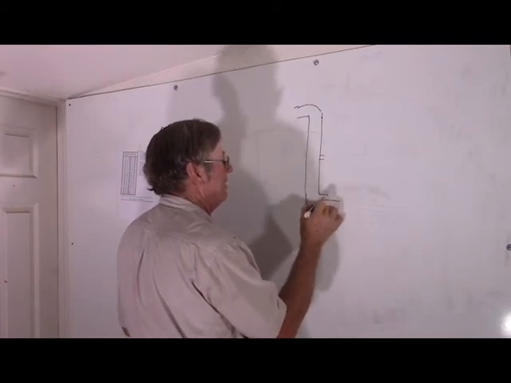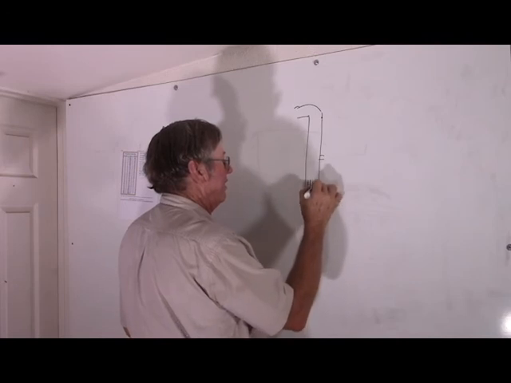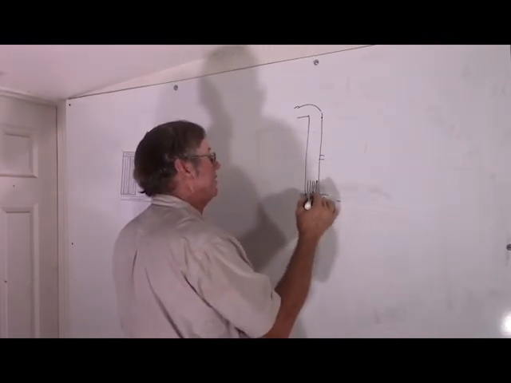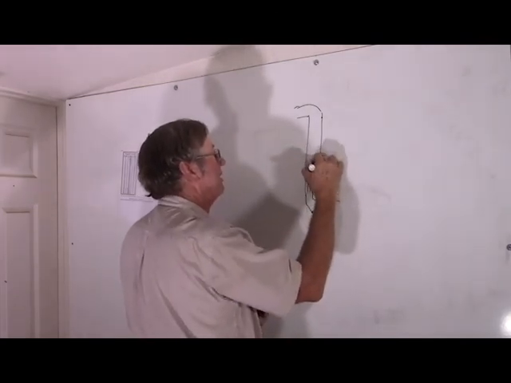Now water comes in here. There's usually some kind of device here to stabilize the flow, to turn it from a turbulent flow to a laminar flow. Very, very smooth upwelling coming up here.